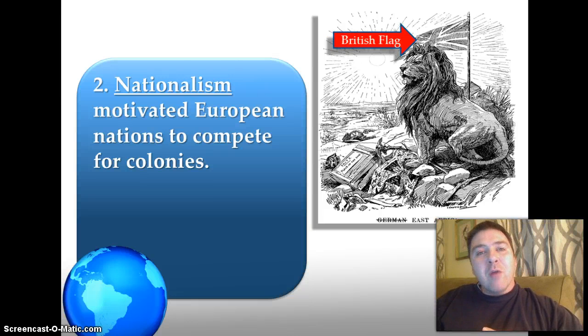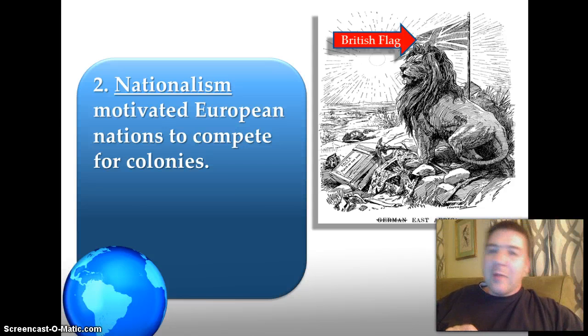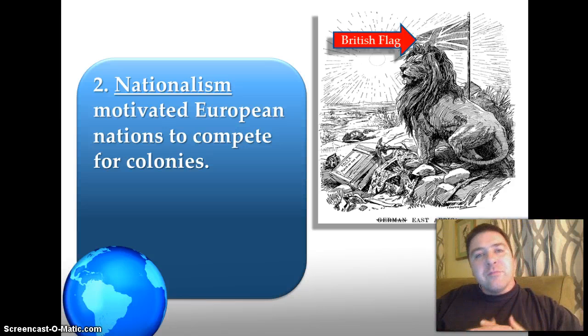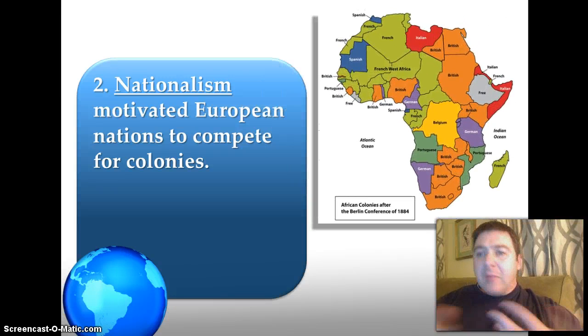Okay, and we see crossed off in the title what once was German East Africa, it's now a British flag flying over, and that would give a sense of pride in England that East Africa was now British and no longer German.